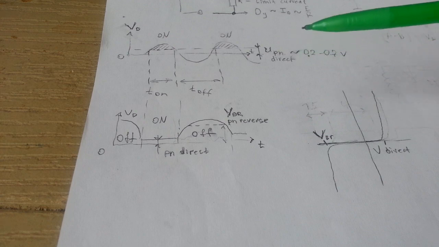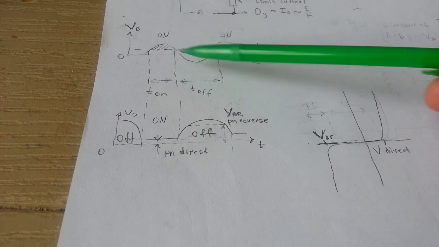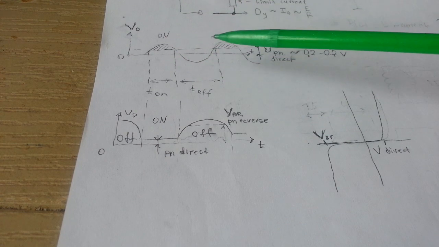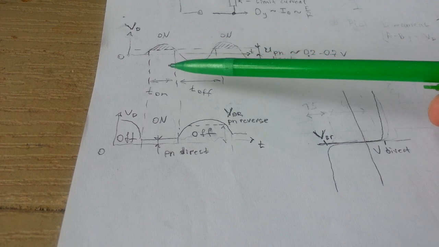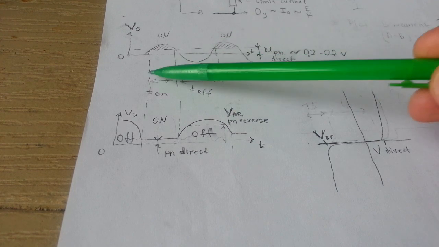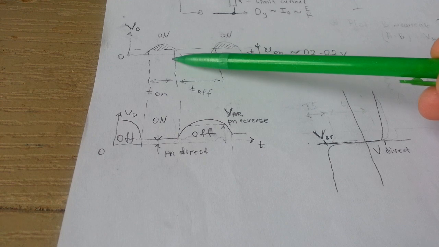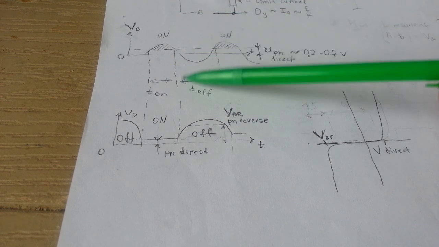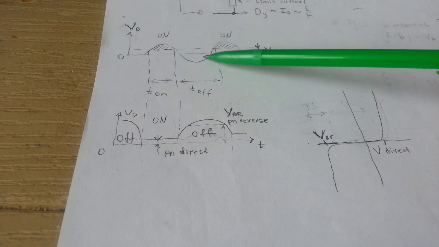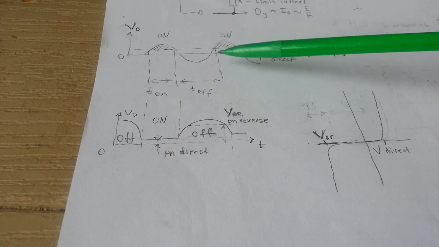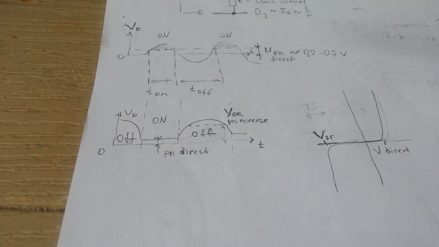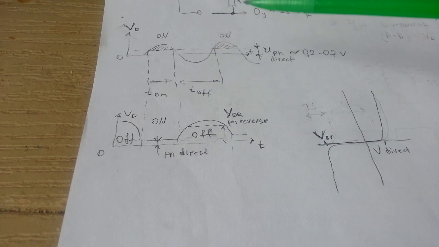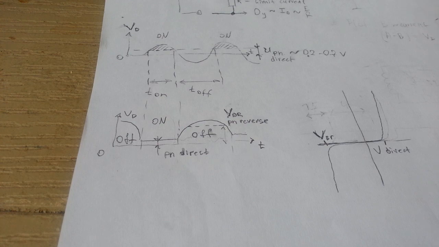And one remark: if you look at the time on and time off, we conclude that the time on is a bit shorter, because with a perfect sine wave, we have to overcome this small voltage, 0.7 volts. So it's going to be a bit shorter, but almost the same. But in reality, I'm going to see something different. I was surprised to see. So we'll see it a bit later.